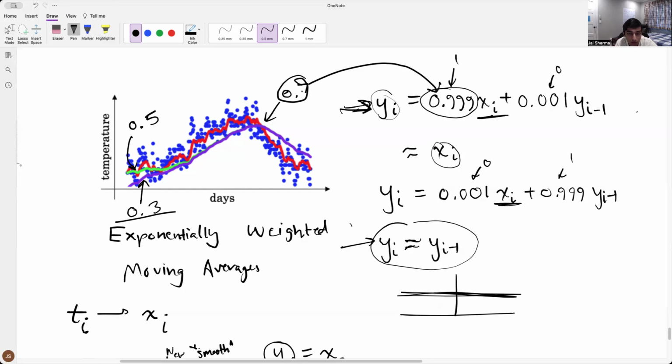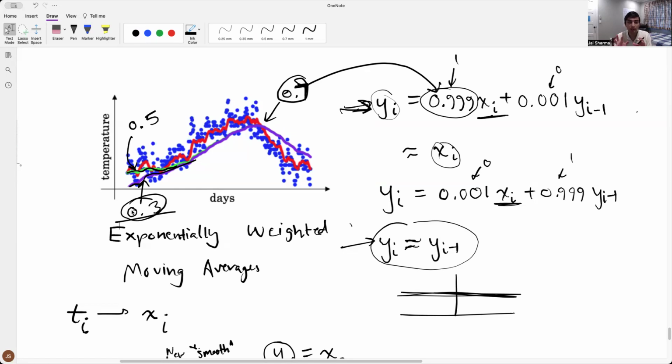So red is probably the closest to 1, 0.7, and then maybe 0.5 for green, which is less smooth, and then the purple one, which is the most smooth, would probably be something like 0.3, very far away from 1.